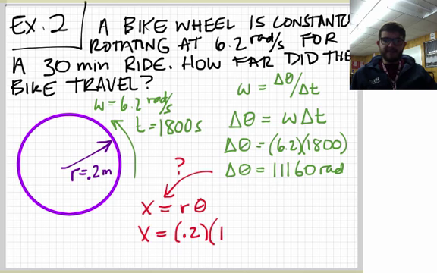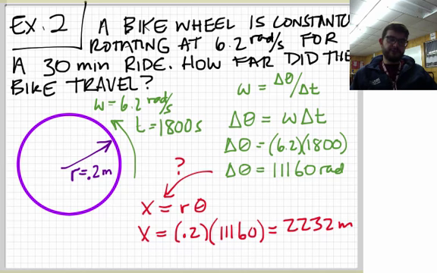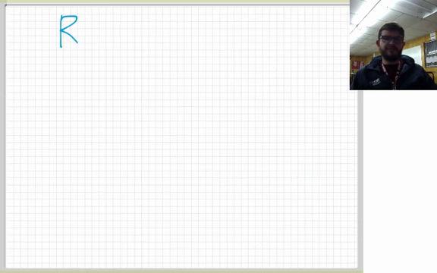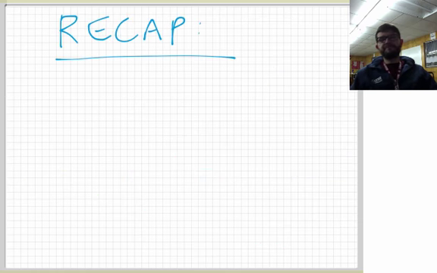So it's a fairly simple calculation. 0.2 is my radius, and I multiply that times 11,160 radians, and I get 2,232 meters, which is the equivalent of 2.232 kilometers. That's a pretty leisurely pace, close to a mile. So I biked a mile in 30 minutes, which is not super impressive. I need to step up my game.